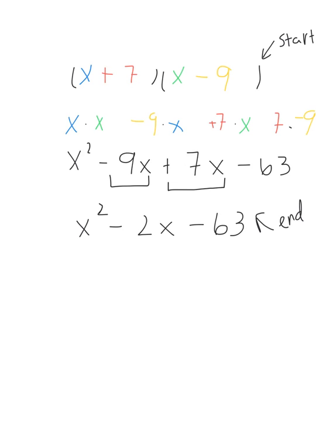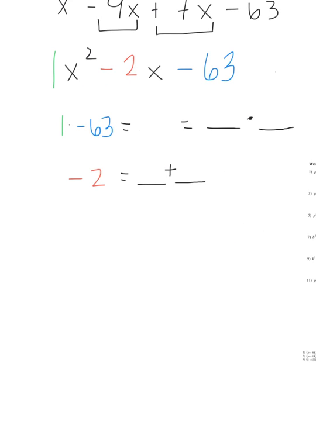We're going to start with our trinomial and we're going to get back to the product of two binomials. Remember, product just means multiplication. Let's start with this trinomial and then end with a factored product of two binomials.